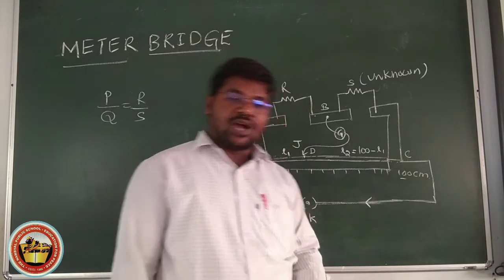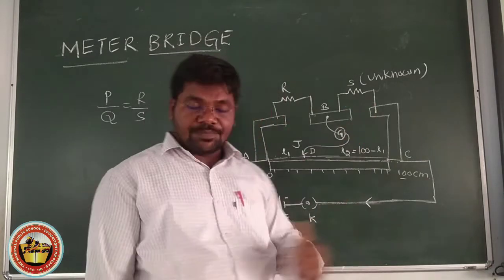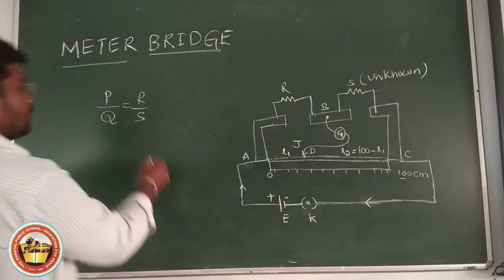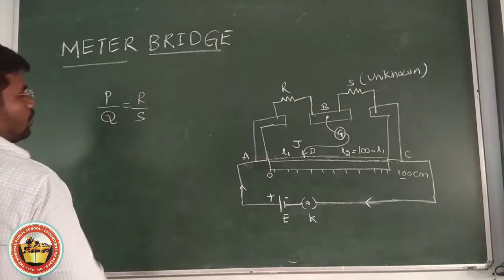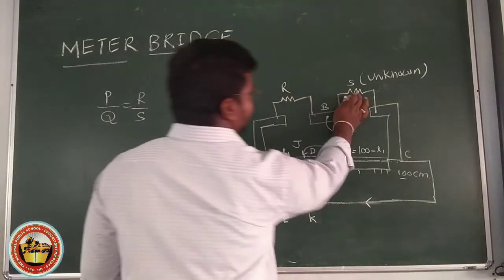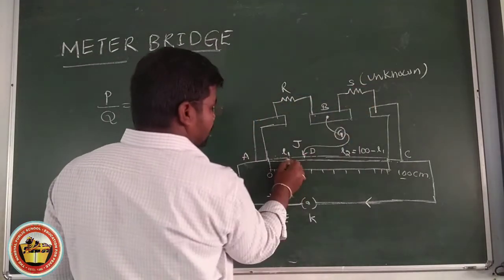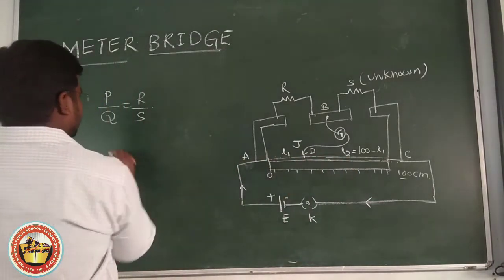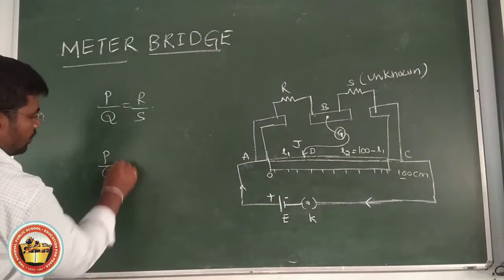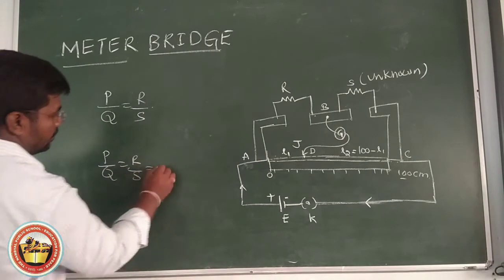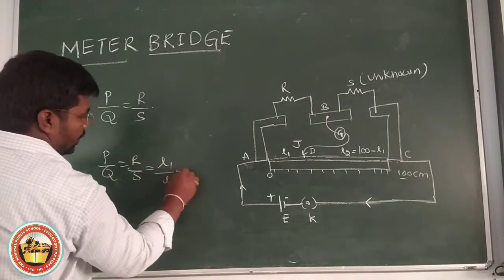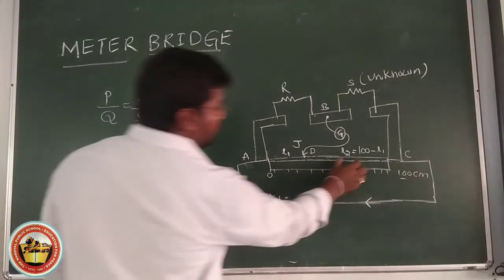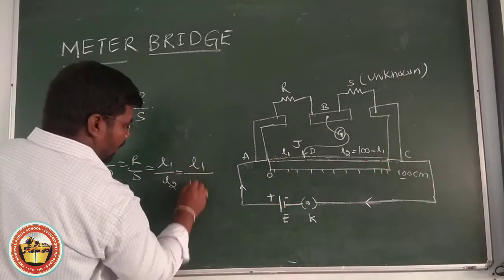In this way we find the unknown resistance using the Wheatstone bridge principle, that is P by Q is equal to R by S, which is equal to L1 by L2, where L2 is equal to 100 minus L1.